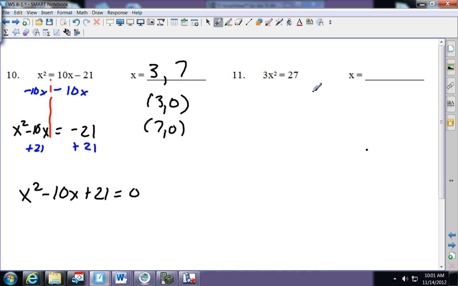Now the next one right here, we're missing an x, but that's okay. Move the 27 over to the other side. So you get positive 3x squared minus 27 equals 0.